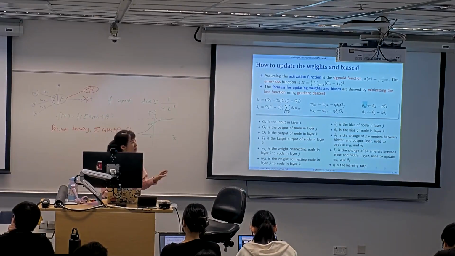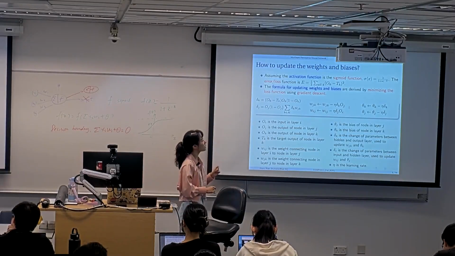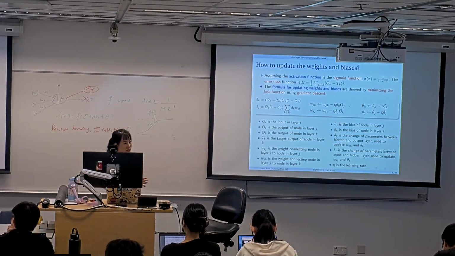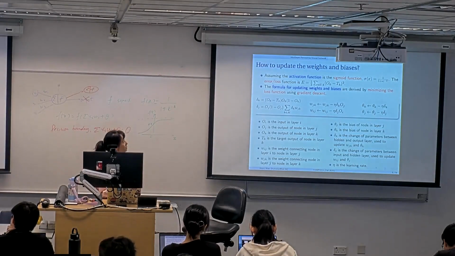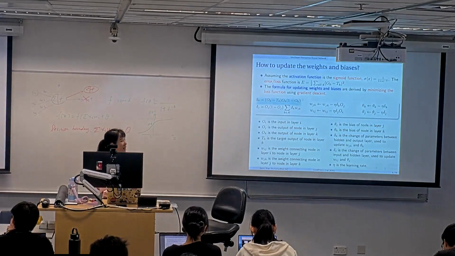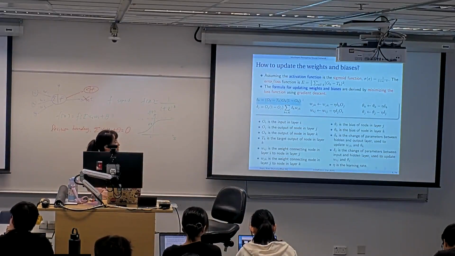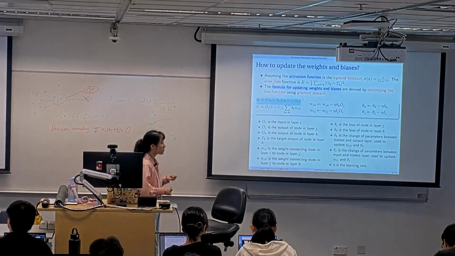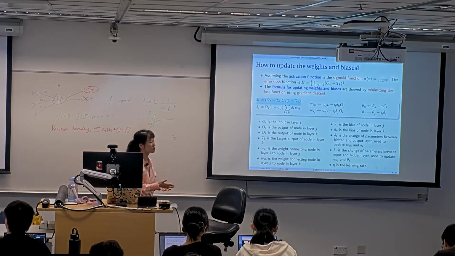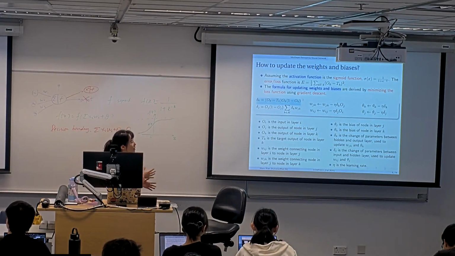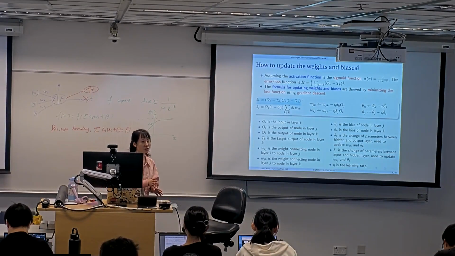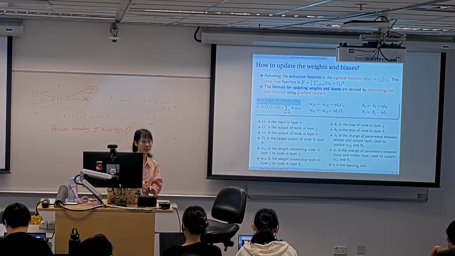All right, so after we know all these symbols and what they denote, let's check the formula. The first step, we compute delta K. What is delta K? Delta K means the change of parameters between the hidden and output layer. And we know the parameters between the hidden and output layer include Wjk and theta K, right?